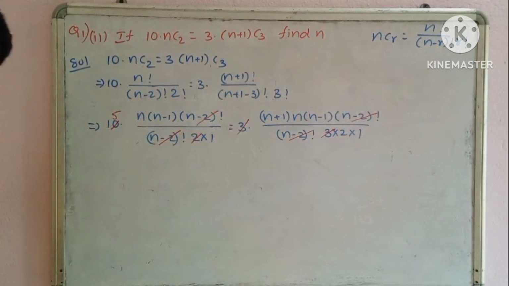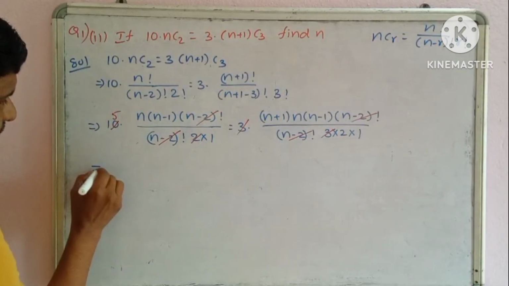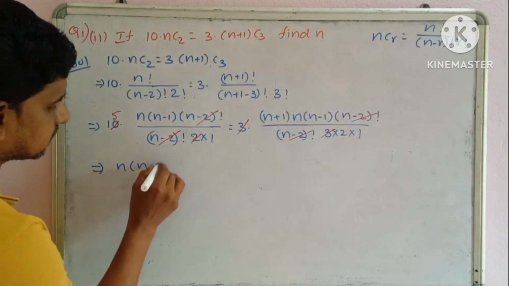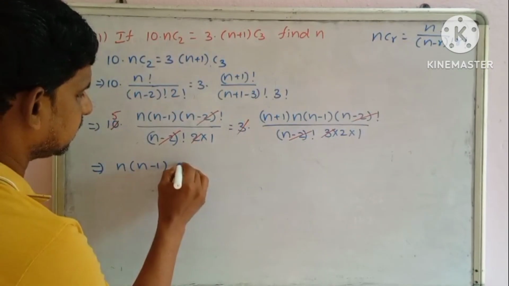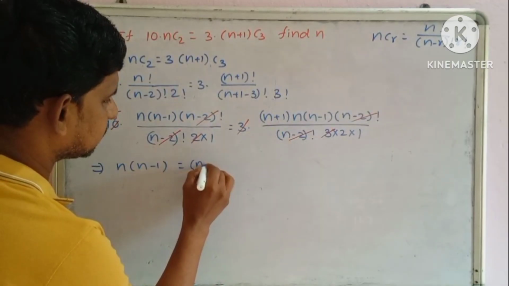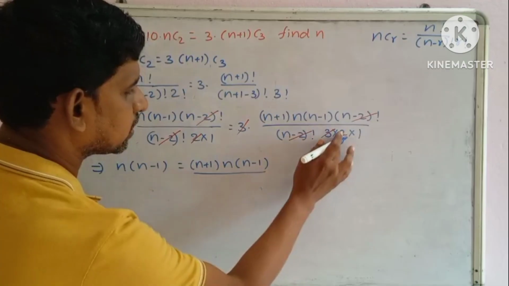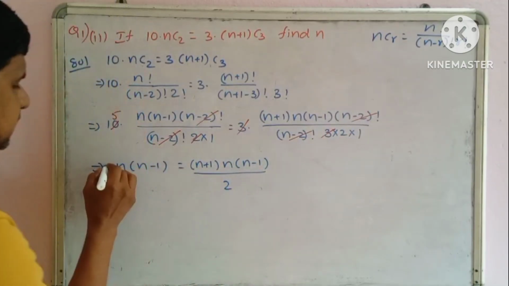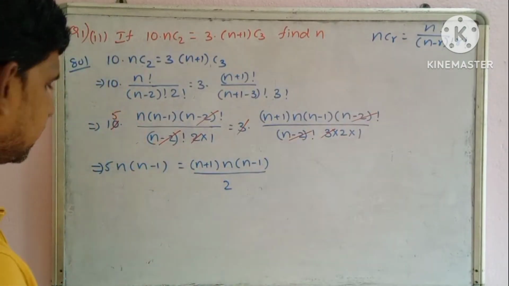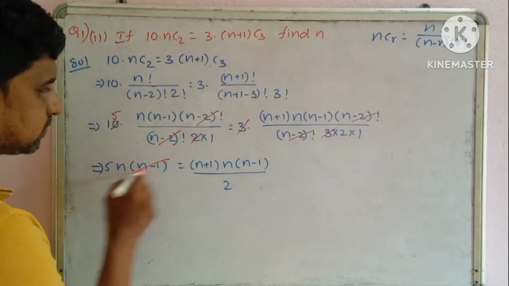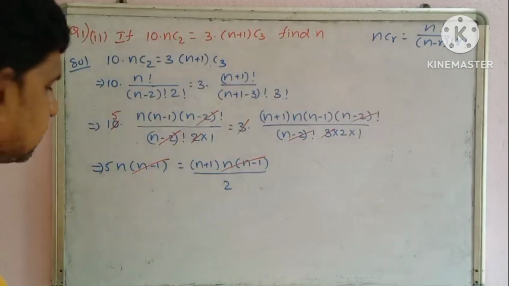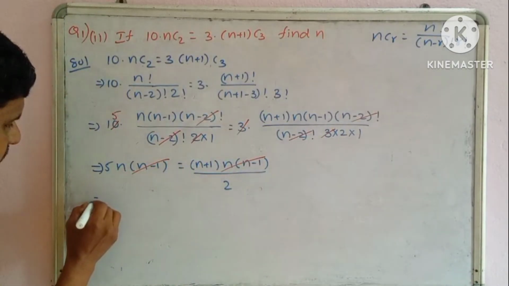So finally, 5 times n into (n minus 1) equals (n plus 1) times n into (n minus 1) by 2 times 1 is 2. Here 5 is there. n into (n minus 1) gets cancelled.